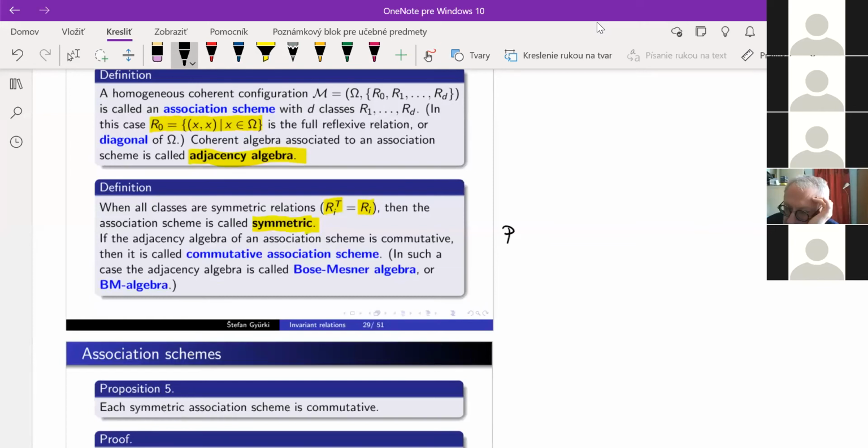This happens precisely when, for all structure constants, we have that p_ij^k is the same number as p_ji^k.